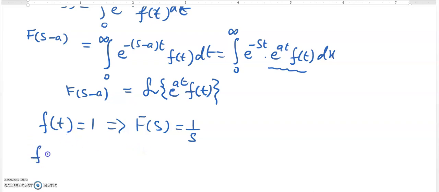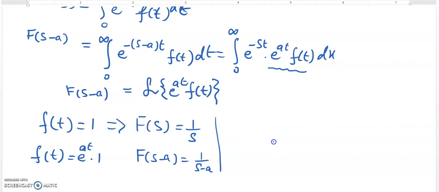What will be the Laplace transform of e power at times 1? It will be f of s minus a, that will be 1 over s minus a. I think we have derived this formula before as well, right? The second one.